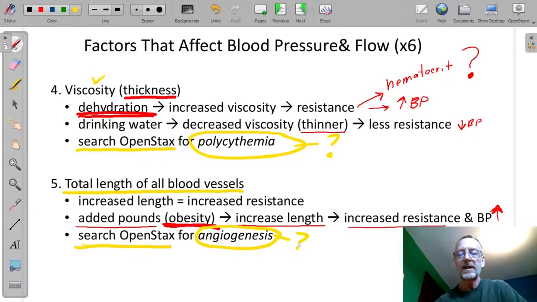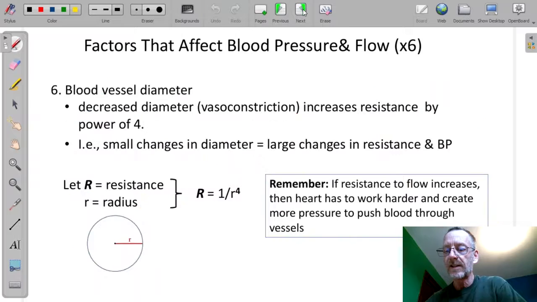Okay? The last factor that affects blood pressure on this next slide is probably the one that's perhaps most important, in that these are the first 5 factors that we looked at: compliance, total blood volume, viscosity, and total length.